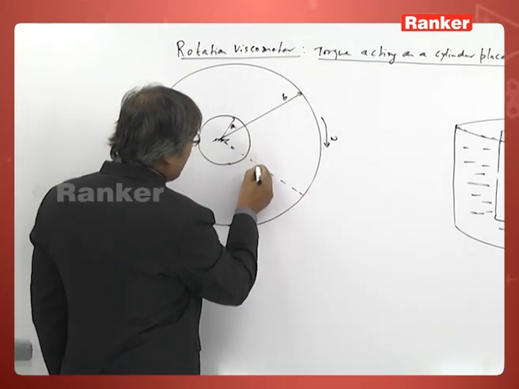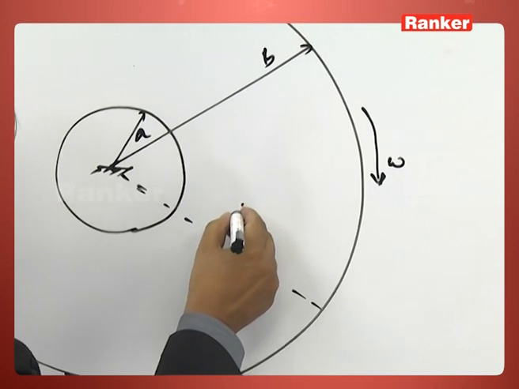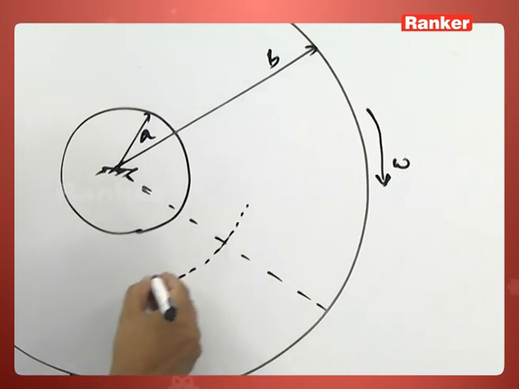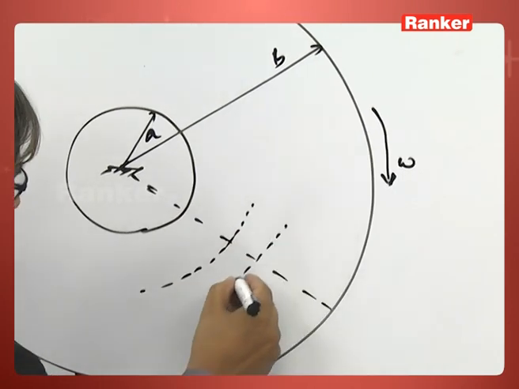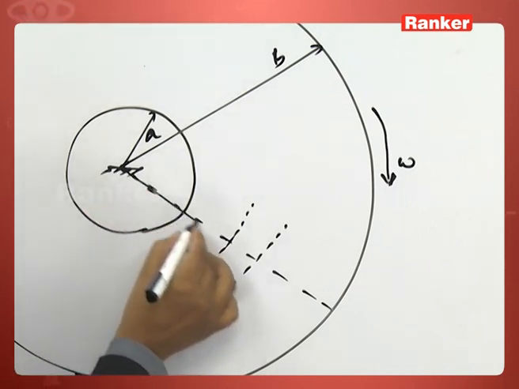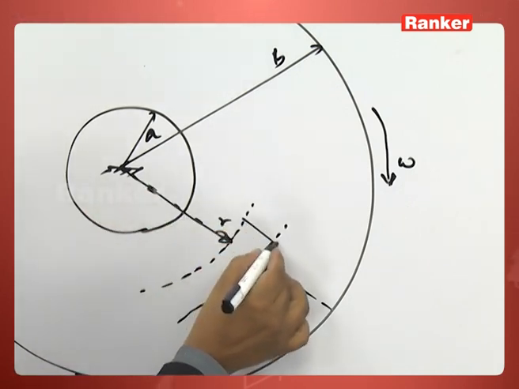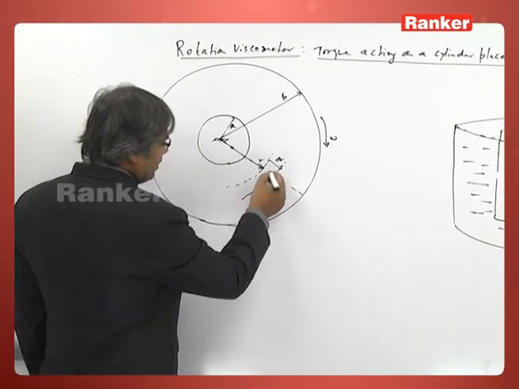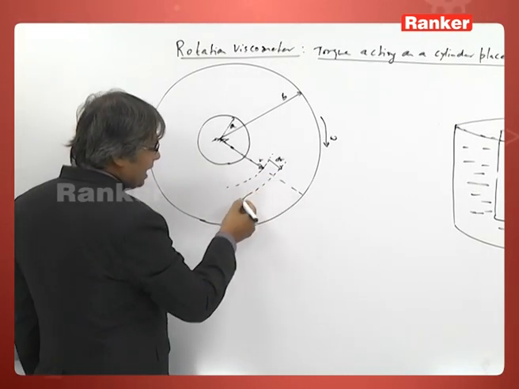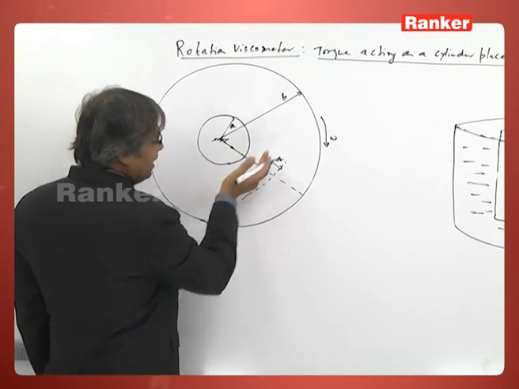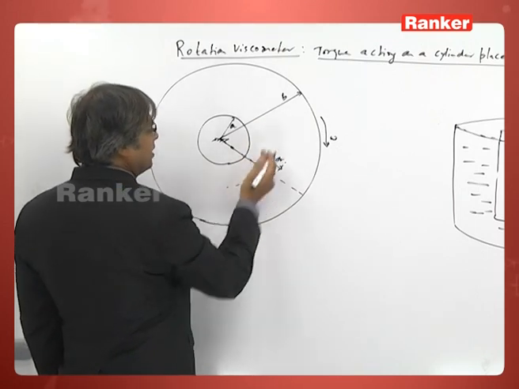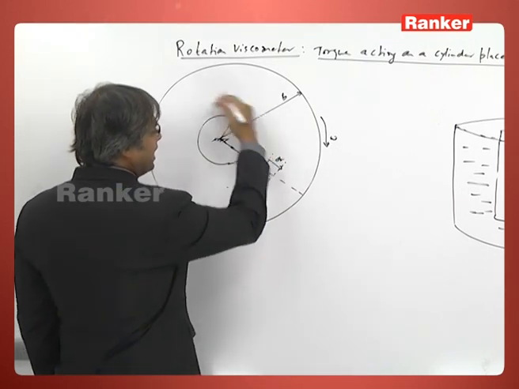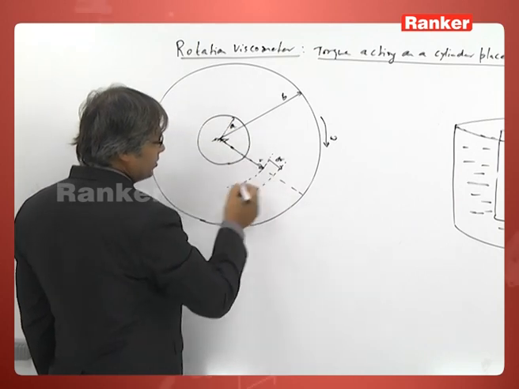So now I will consider different layers. This is a layer of radius r and this is another layer, with thickness dr. These layers will apply tangential stresses, that is, forces, on each other.